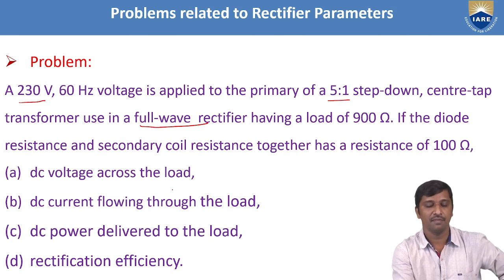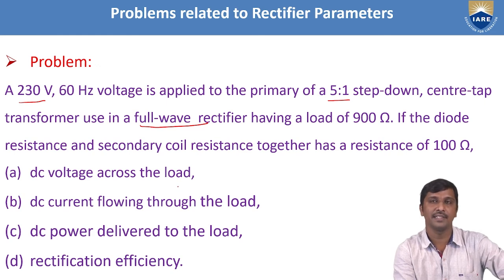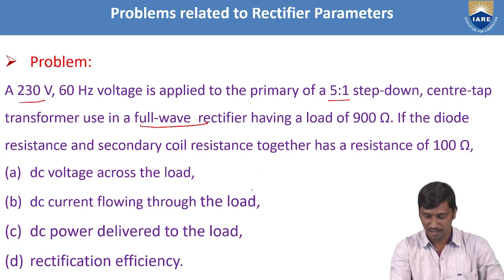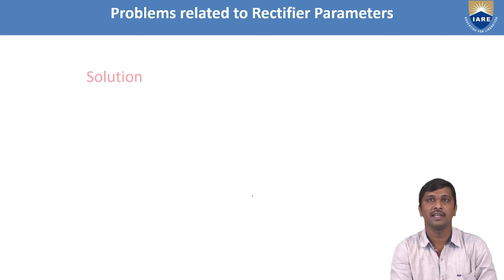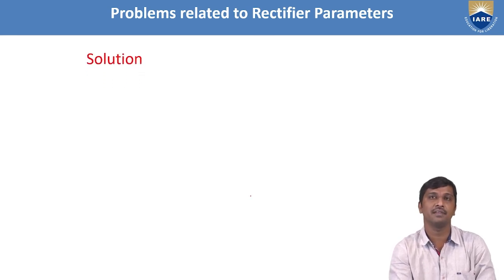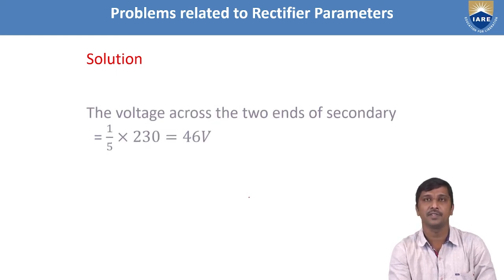Then we need to identify how much DC voltage is generated across the load, how much DC current is flowing through the load, how much DC power is delivered, and how much efficiency is obtained. So first we need to calculate the voltage across the secondary winding of the transformer with respect to the given turns ratio.